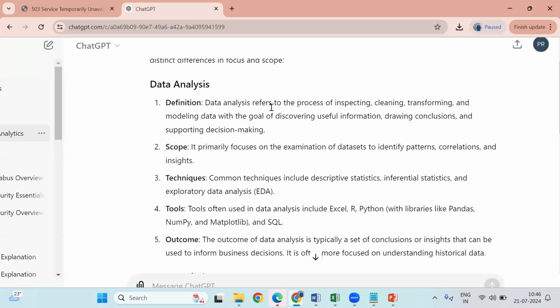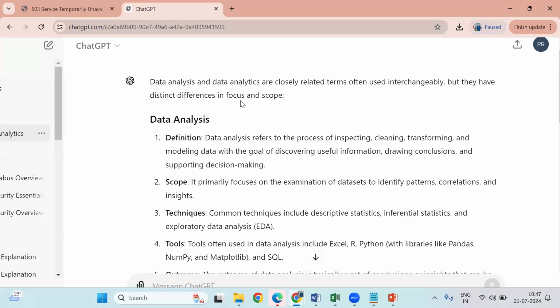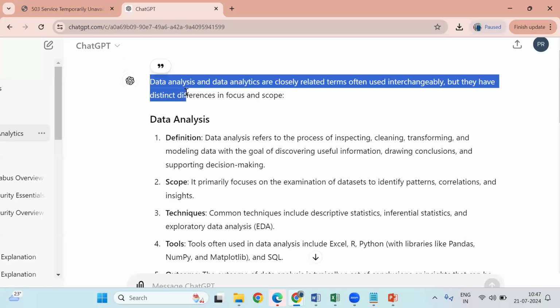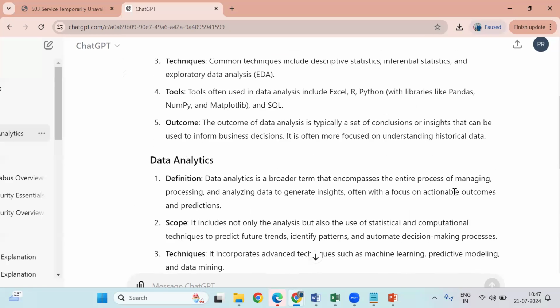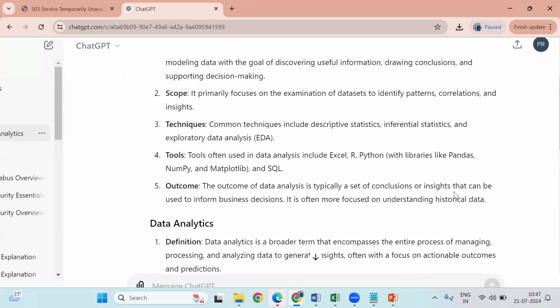What is data analysis? It is a process of inspecting, cleaning and transforming the data. But data analytics, analytics is a broader term that encompasses the entire process of managing, processing and analyzing the data to generate insights. Most probably, data analytics is a subset of data analysis.